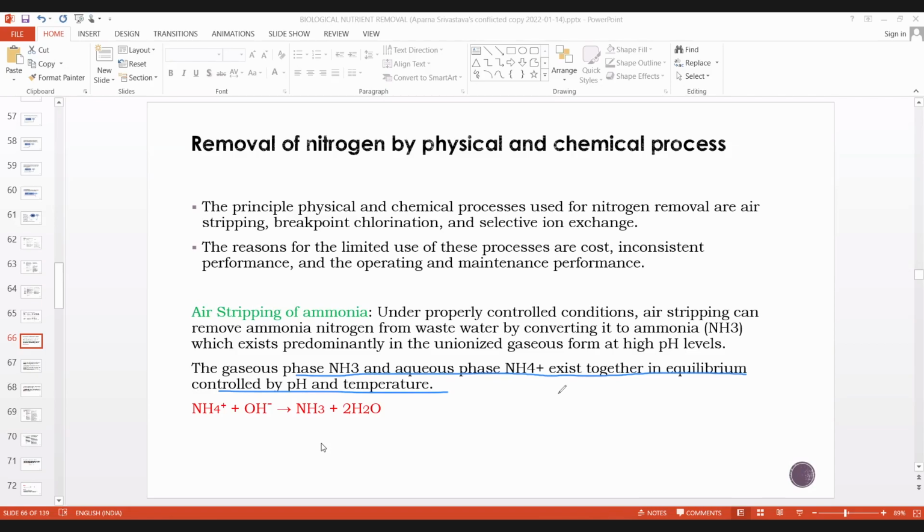The distribution of NH3 and NH4 in water, especially in wastewater, depends upon the pH. Which one is going to be higher and which lower depends upon the pH. So if higher pH is there, what will happen? This ammonium is going to convert into the NH3 phase.